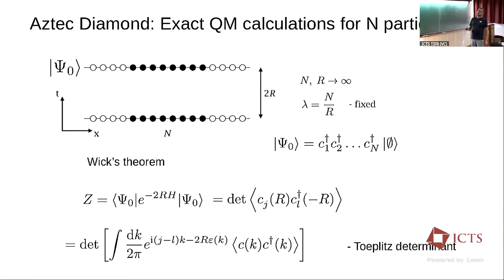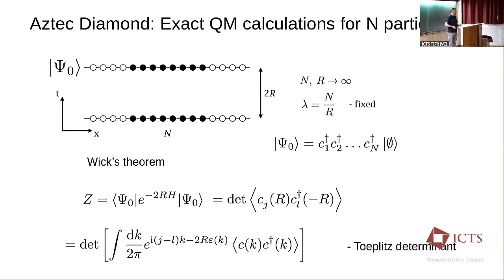Calculate this object, and this object actually can be calculated using the Wick theorem, and one gets a determinant by counting all the possible contractions. It's not just a determinant, it's a Toeplitz determinant. It depends only on the difference J minus L of the row and the column of such an object. Well, Toeplitz determinants are easily calculated, but that's not our goal, and there is, again, huge literature devoted to this.